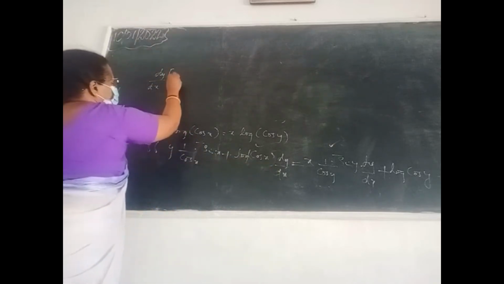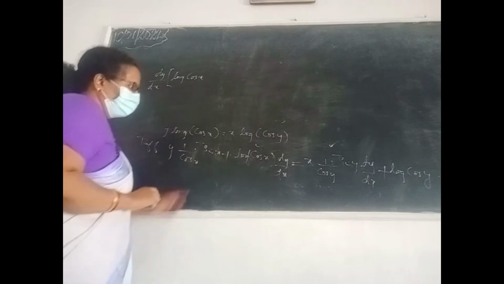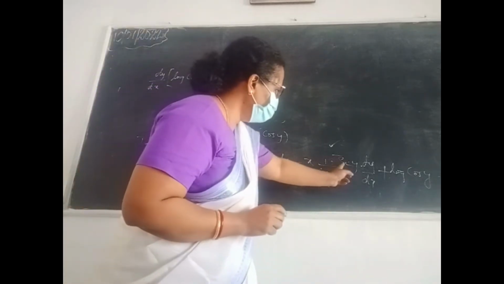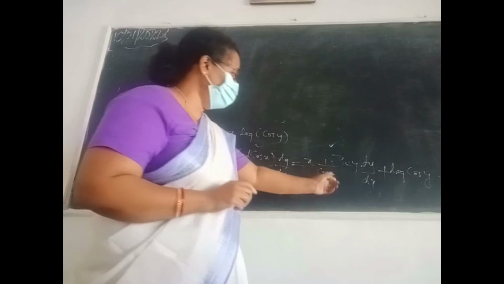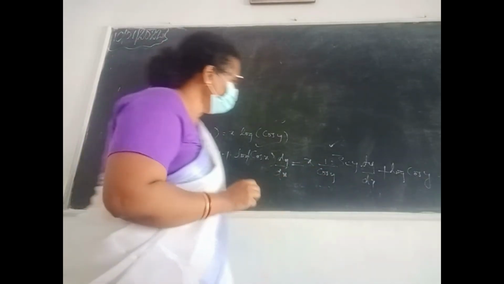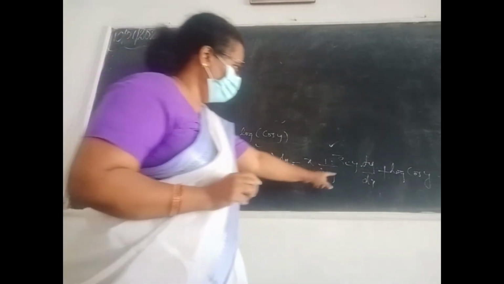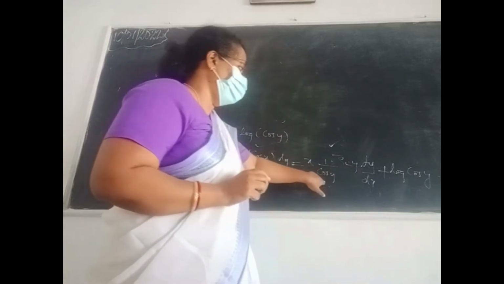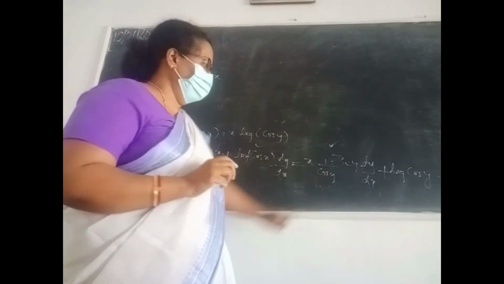Log cos x. And this term is negative. When it comes to this side, it will become plus. So what will we write? Plus x, it is sin y by cos y. So we can write tan y.